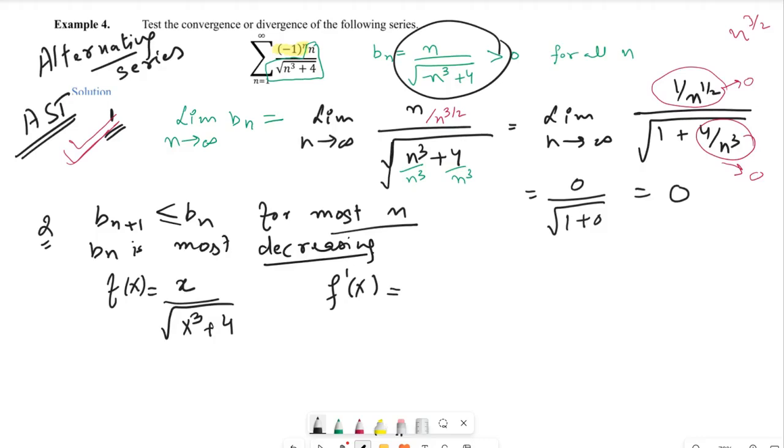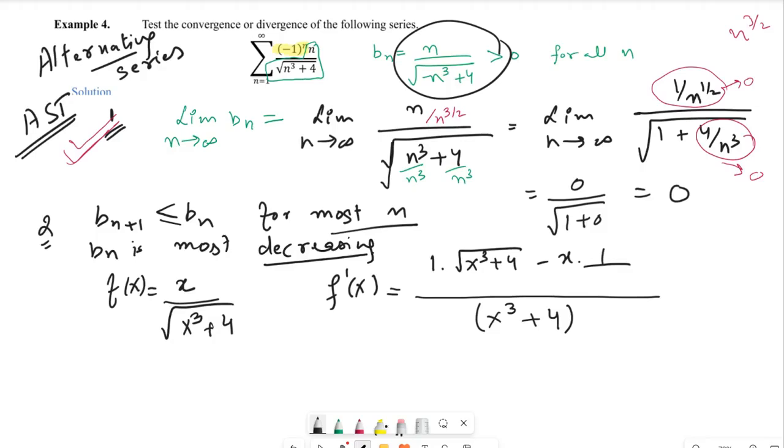How do you find the derivative of this? This is a quotient, so I'm going to apply the quotient rule. The square of the denominator is going to give me this, times the derivative of the numerator, which is 1, times square root of x cubed plus 4, minus x times the derivative of the square root, times 3x squared. We can make a common denominator by writing 1 here.